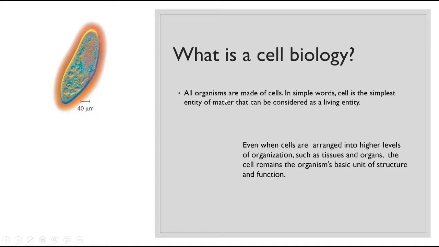So they are living things. All living organisms are made up of cells. In simple words, the cell is the simplest entity of matter that can be considered a living entity.